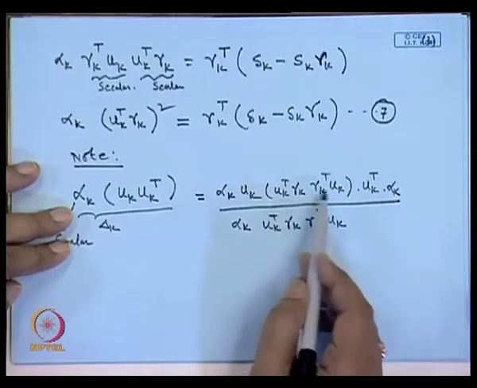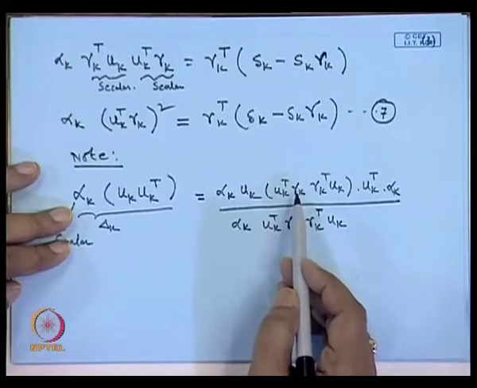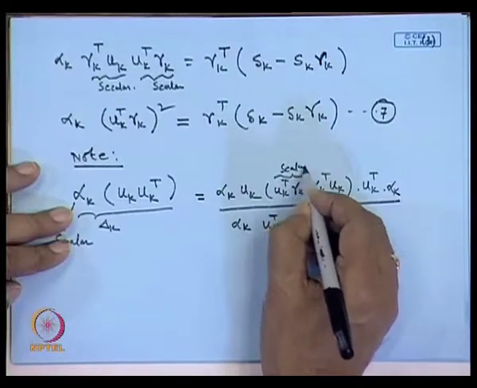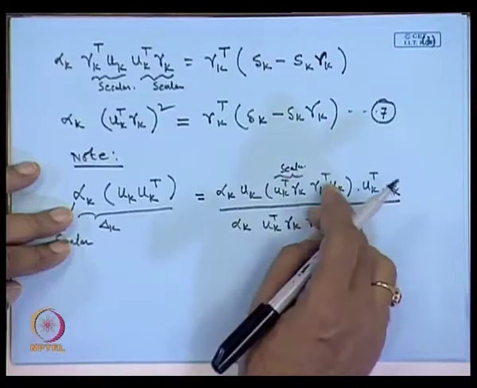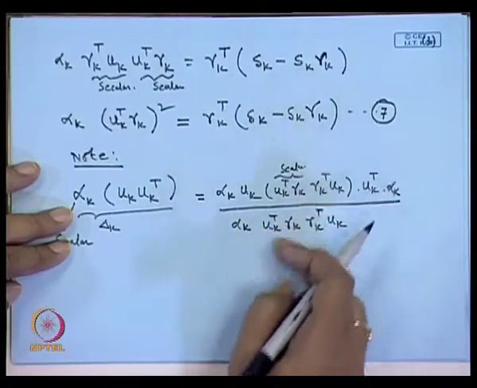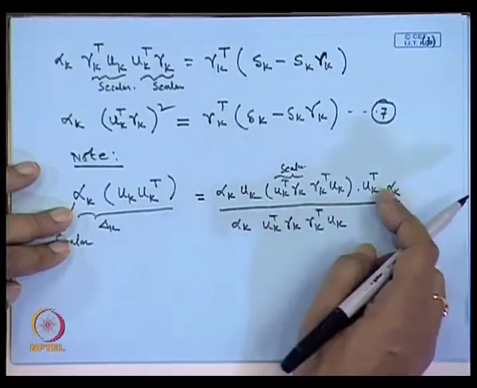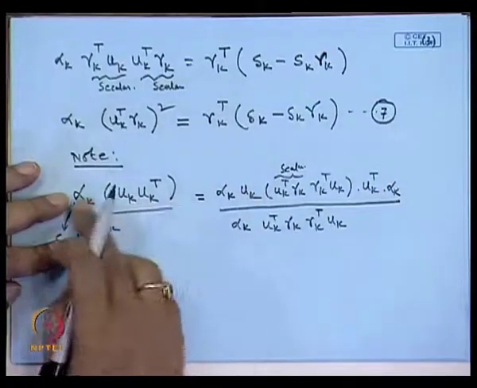I told you u k transpose gamma k is a scalar quantity, and this is a scalar too. The same quantity I have written down, so you can cancel it. This alpha and this alpha you can cancel. What is left is alpha k u k transpose, the same thing.